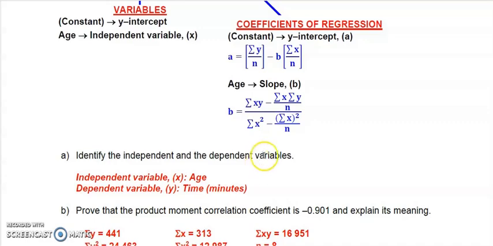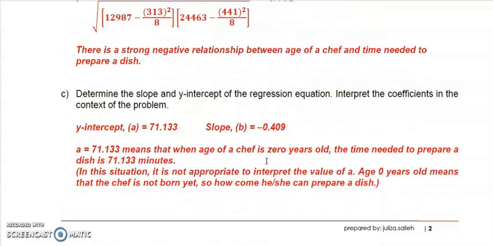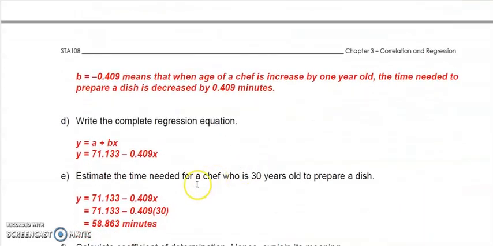You can look at the prediction or estimation question. Here the prediction question is question E: estimate the time needed. Remember, in regression we want to predict y, the dependent variable. So for estimate the time needed, time will be the y dependent variable. That is one tip.